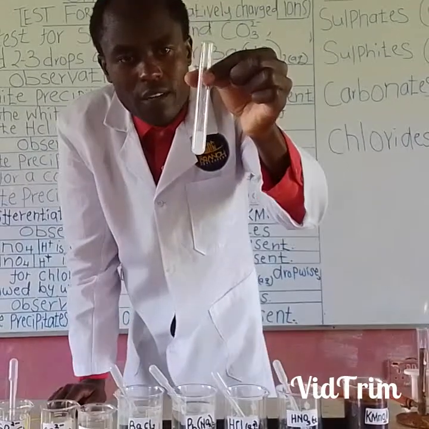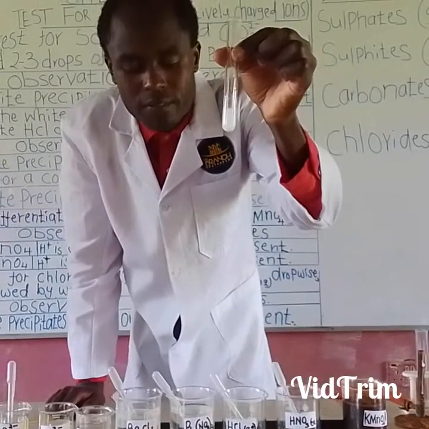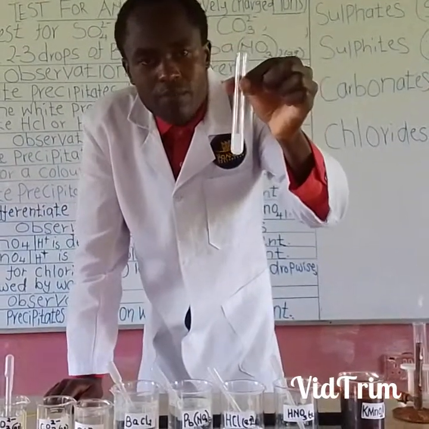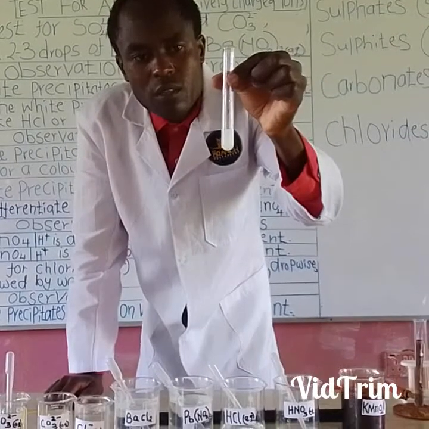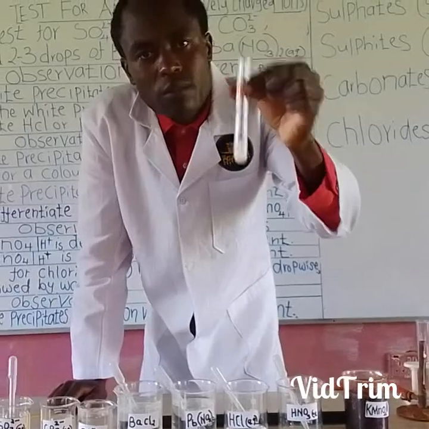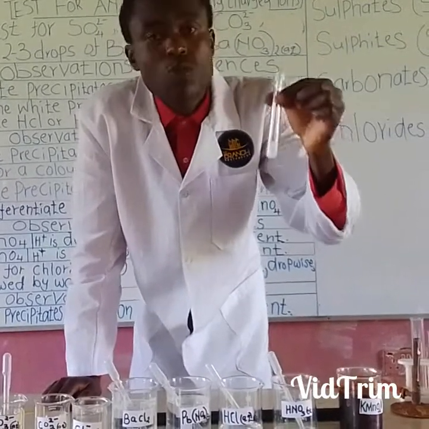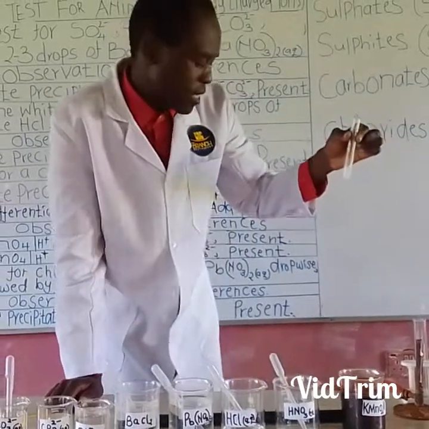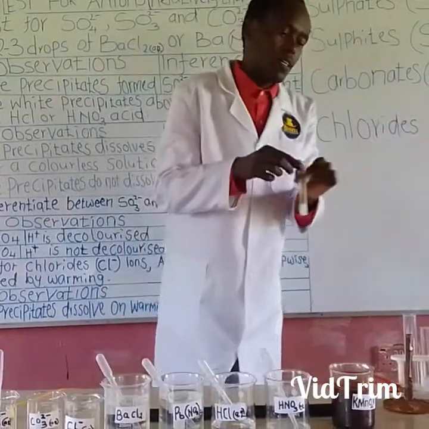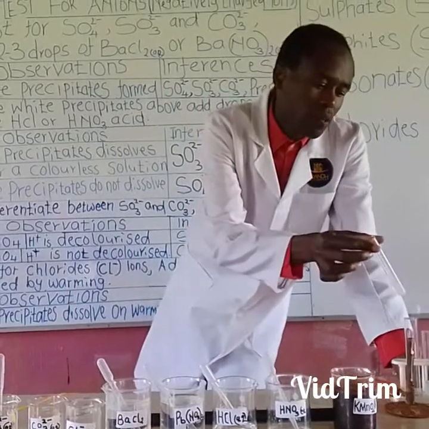What do you observe, or what do you see? Formation of white precipitates. So to confirm if these white precipitates are due to the chloride ions, it is followed by warming. I need to warm on the flame. Is it okay? And warming, you just be patient.